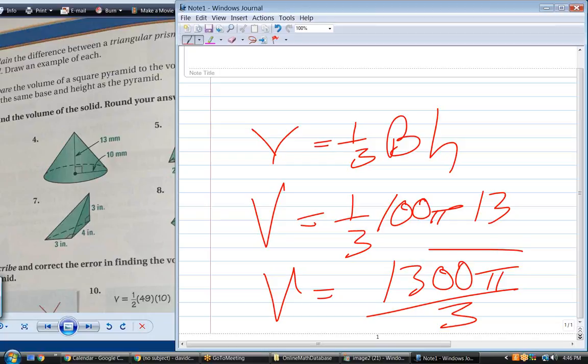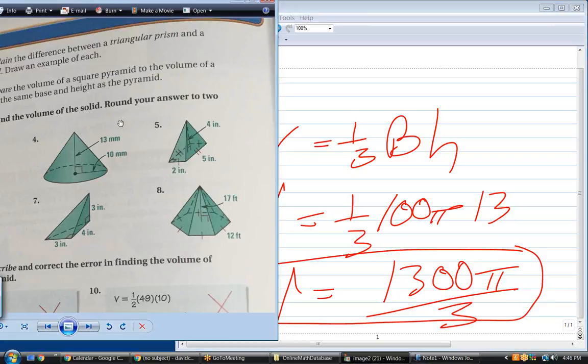Okay, so you can see that these are much easier than surface area. All I need is a vertical height. On some of these solids, if they're regular pyramids, the vertical always drops to the middle.